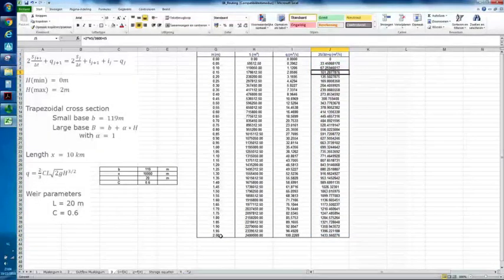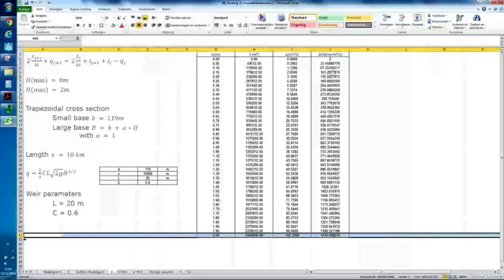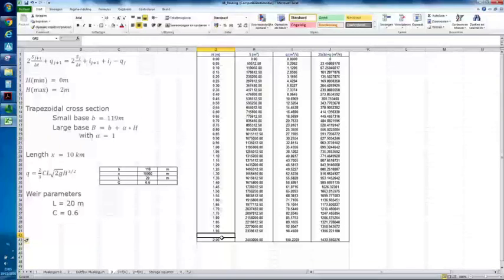Now the good thing is that we can, for example, add here an additional line, and let's say that we use this one, and let's color this one in yellow, and we will use that one to fill in a certain H value, to search for a certain H value, which corresponds with the value of the left-hand side of the equation, the unknown side of the equation, and we get the corresponding S and Q values.